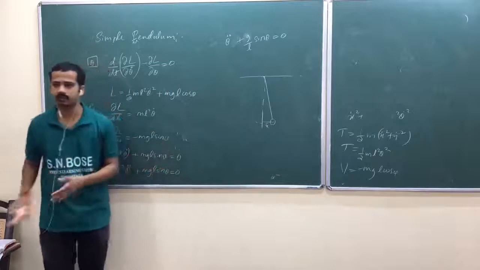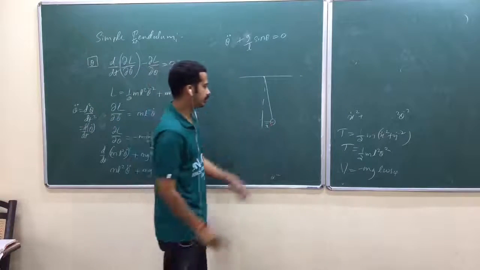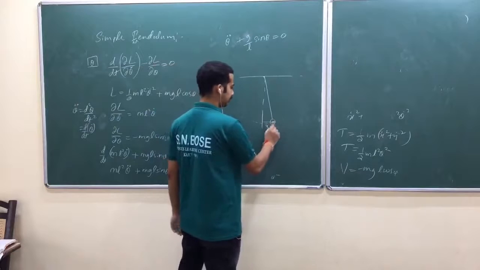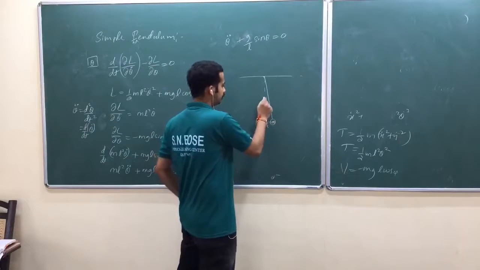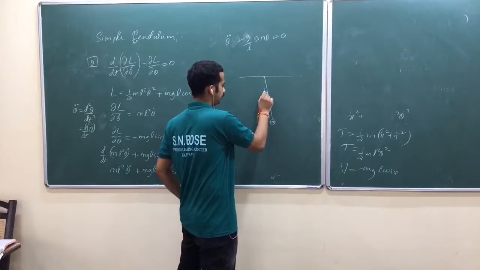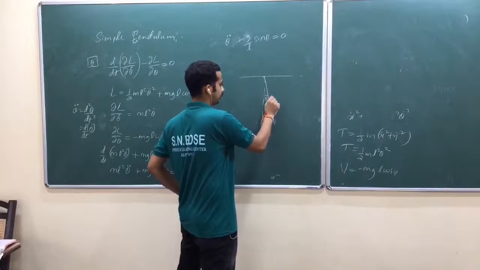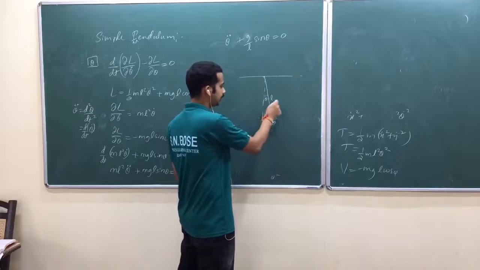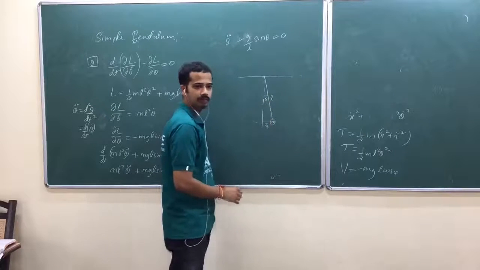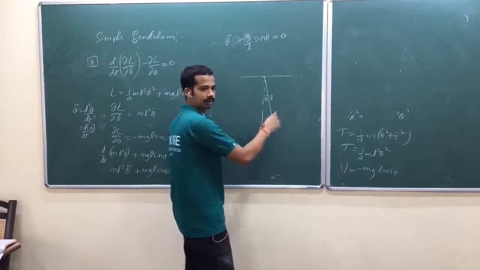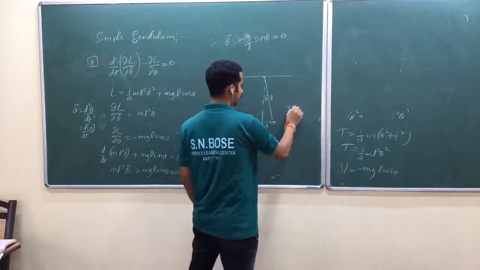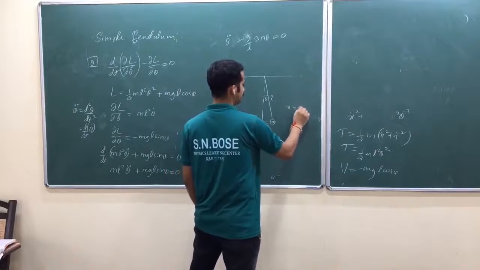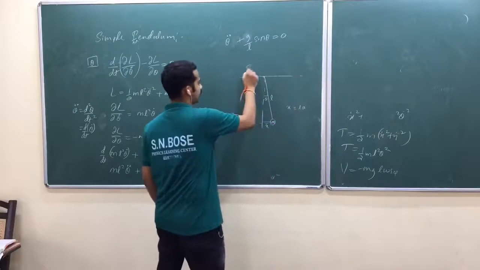I mean this displacement, I can call it as x. Am I right? So then this is theta, L here. Now what is this x? Can I write x equal to L into theta, just like S equal to R theta formula? Am I right? I can write x nearly equal to L into theta for small oscillation.